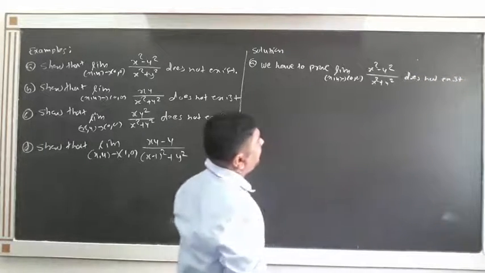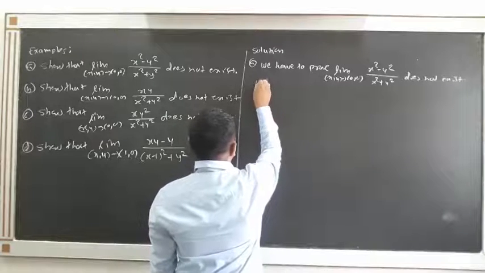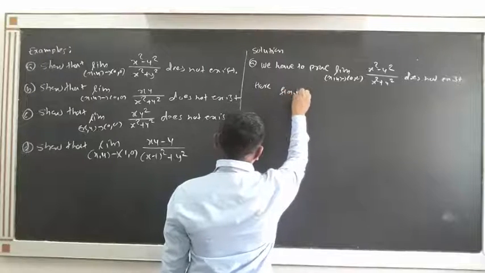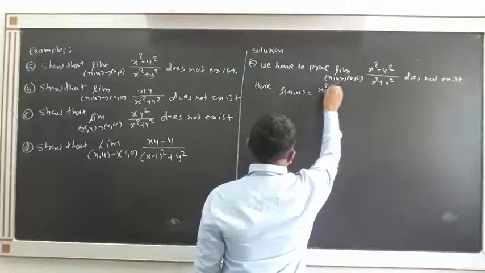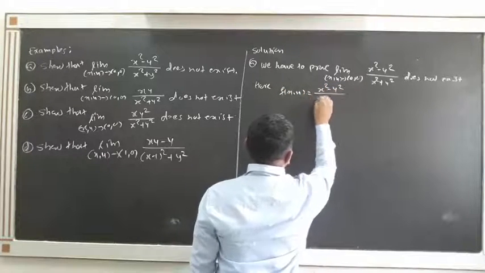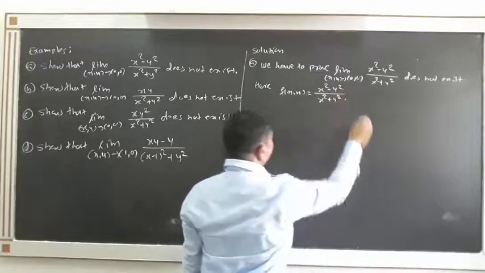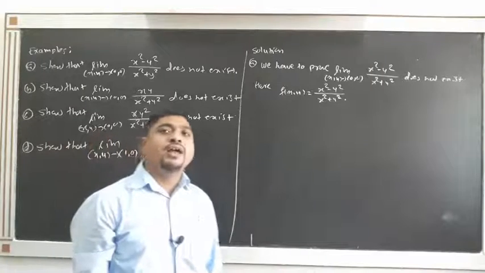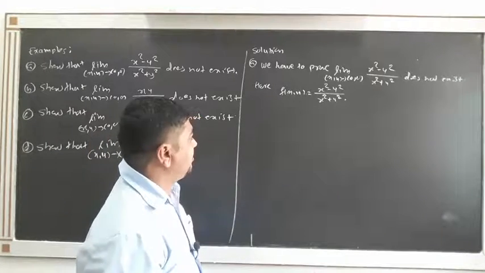Let f of xy be equal to x square minus y square upon x square plus y square. To show it does not exist, we can use the limit along the path.